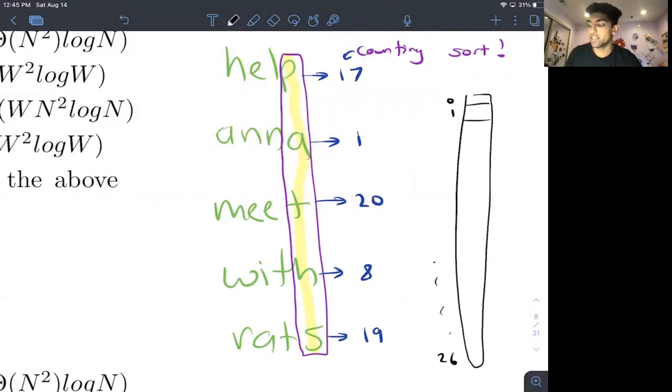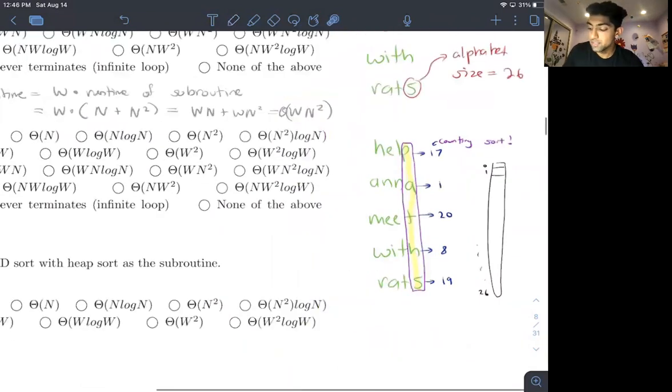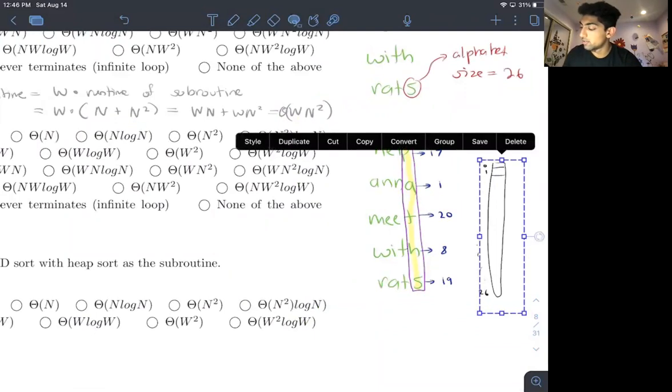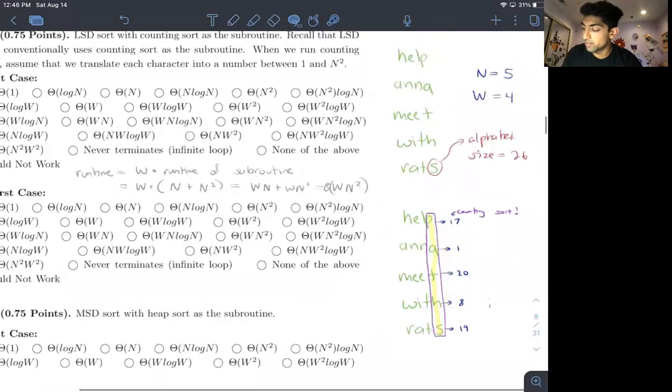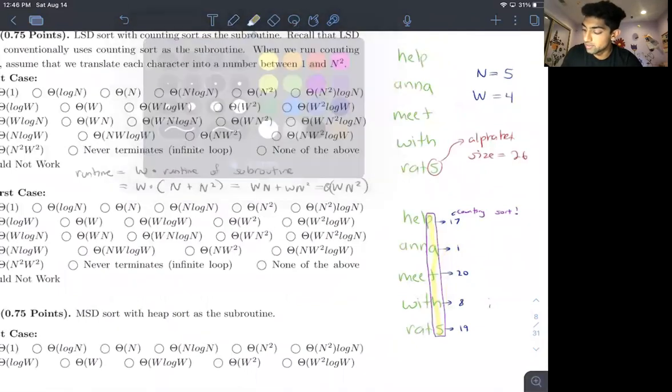So when the size of the alphabet is much bigger than the total number of strings, the act of iterating through this array in counting sort is going to dominate over the number of strings. That's intuitively why this term dominates. So we have theta of W N squared for best and worst case here.